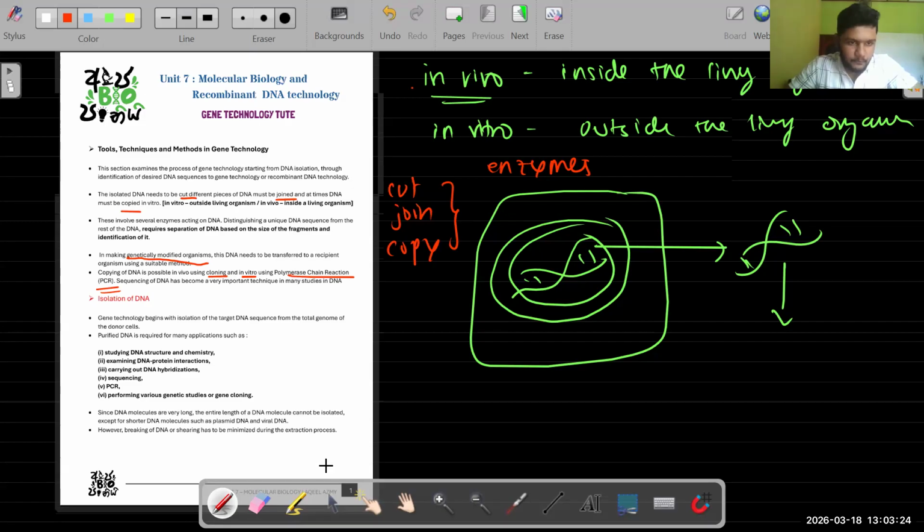Is this clear? This first part, see here. Now we know enzymes are required. Why are enzymes required? Enzymes are required to cut the DNA, to join the DNA, and to copy the DNA. Right? Just go through this first part, the introduction part, and let me know if there are any doubts.